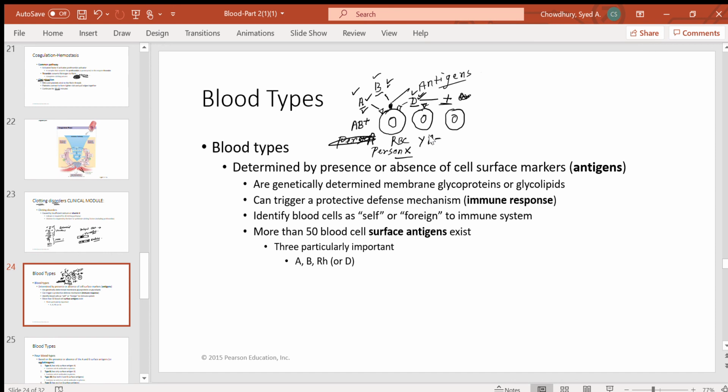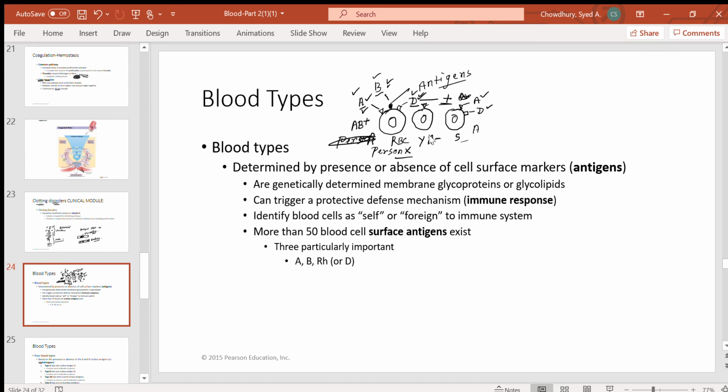Makes sense? Now you see here, this is another person, person S. He has A and D, but not B. Now tell me, what is his blood type? This is A and this is D. Because of A, his blood type is A, and because of D, it is positive.